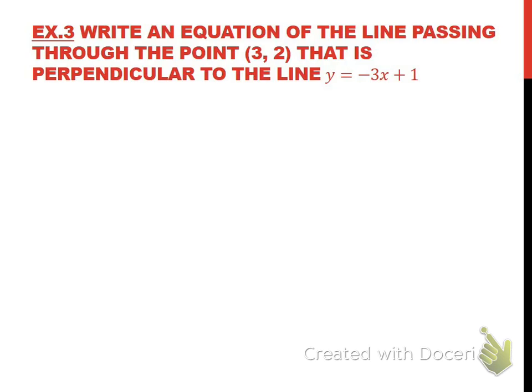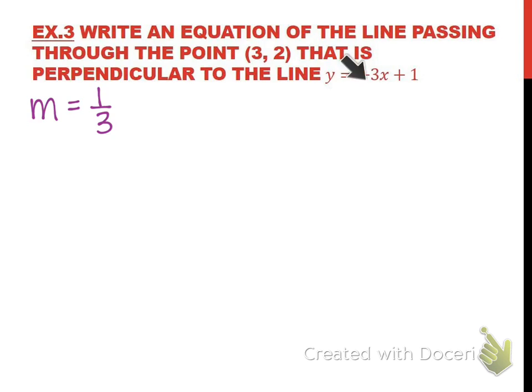All right, number 3 is pretty similar to the last one. We're given a point, but this time we want to be perpendicular to the line that they gave us: y = -3x + 1. So if I want to be perpendicular to that line, what do I want my slope to be? Good. The opposite reciprocal, which I heard several people say, 1/3.